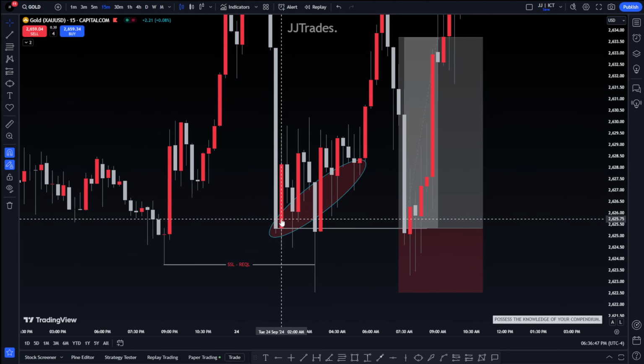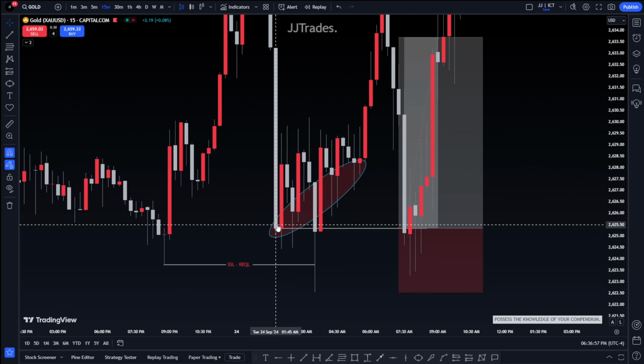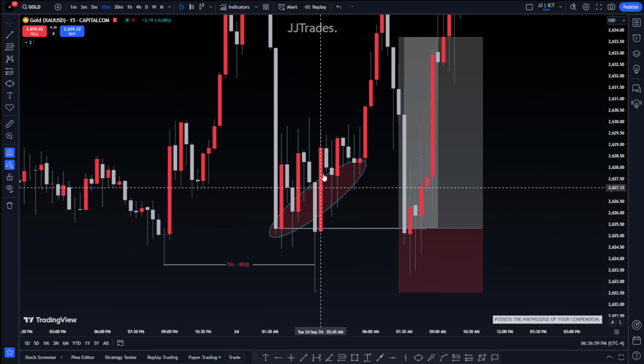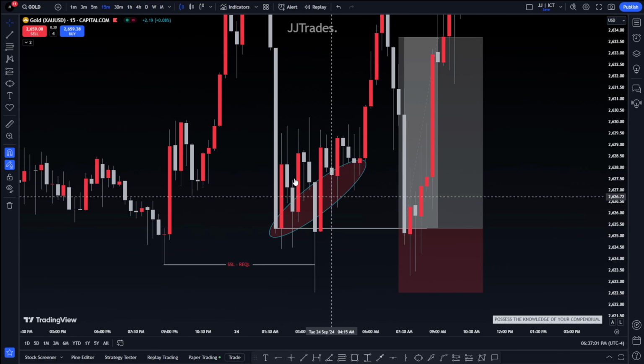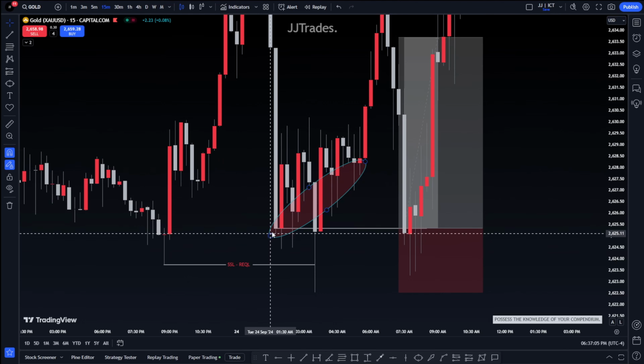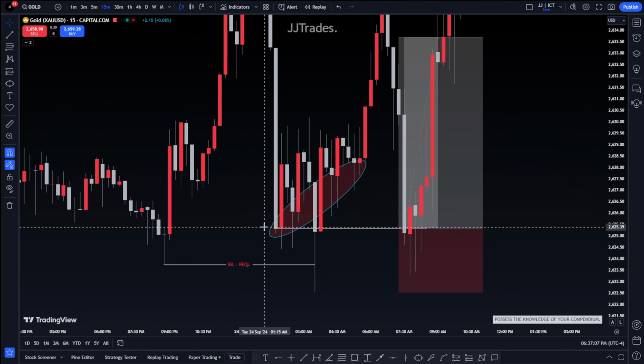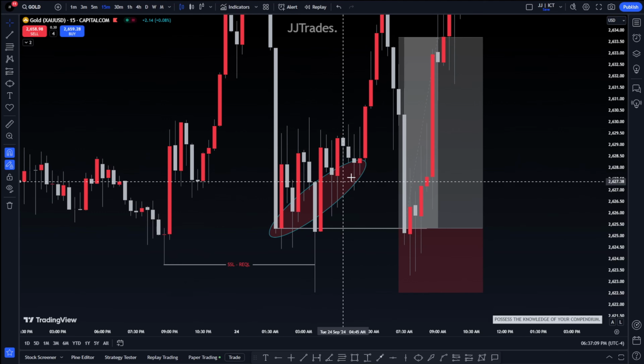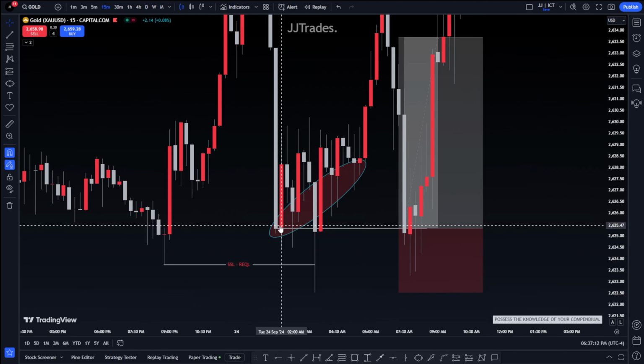The liquidity injection is the act of price re-injecting the orders back into the market. So whenever you see price take out a low and accumulate, that accumulation is the liquidity injection, and the bodies of that accumulation are the liquidity pool. That liquidity pool would be your entry.